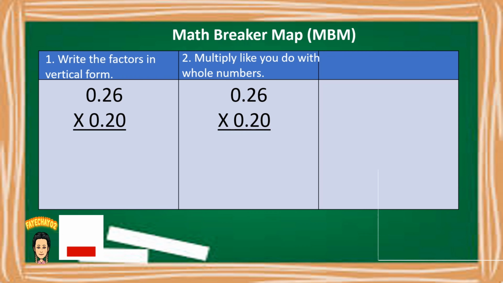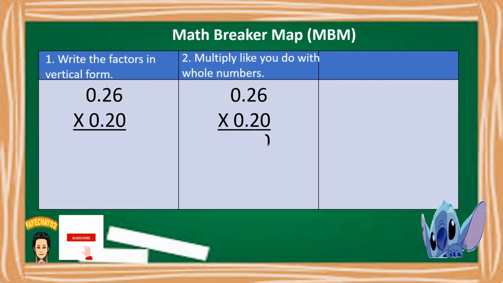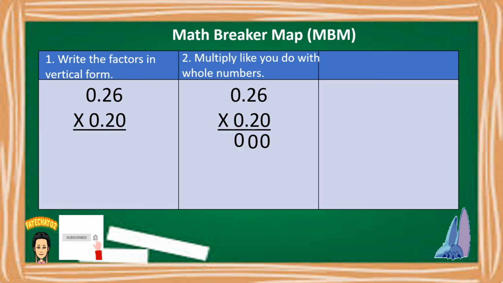So, we can now multiply 0.26 times 0.20. 0 times 6 is 0. 0 times 2 is 0. 0 times 0 is 0. Then, 2 times 6 is 12. So, we will put 2 on the tens place and regroup 1. 2 times 2 is 4 plus 1 is 5. 0 times 2 is 0.